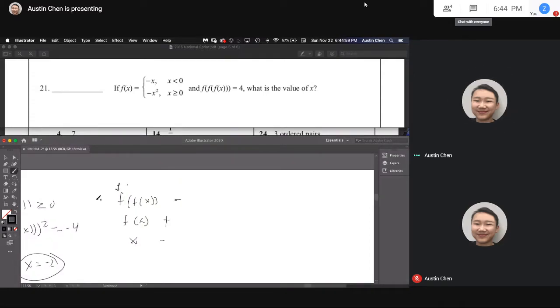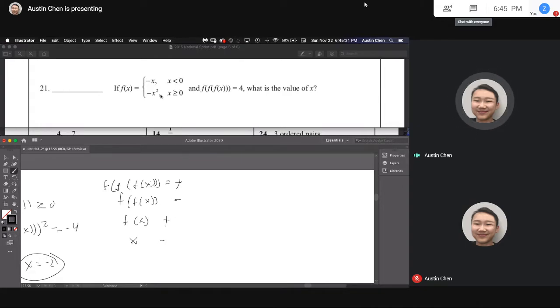Hold on. Okay, so f of x will be equal to positive 4. Every time you change a positive number into a negative number, it applies the square, right? And otherwise the magnitude is unchanged.